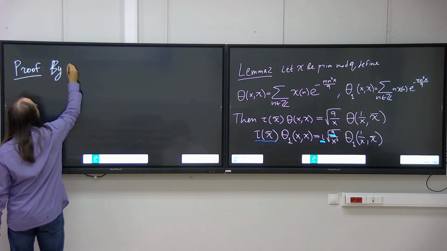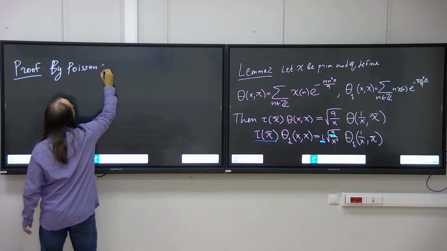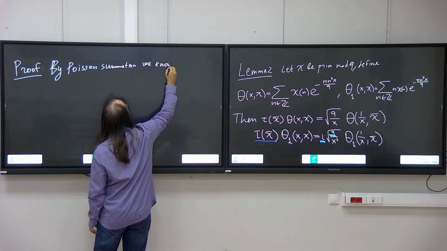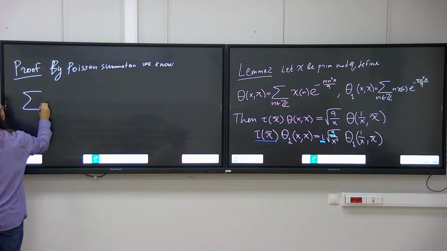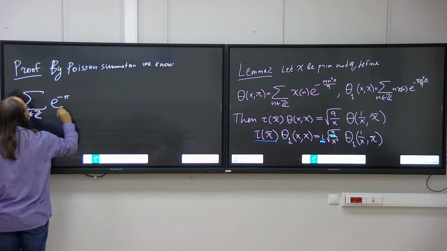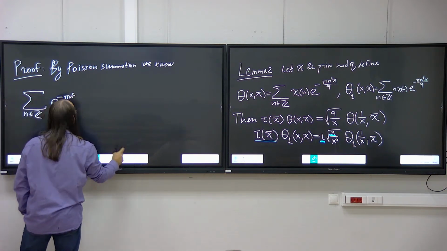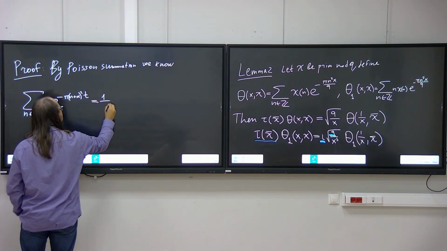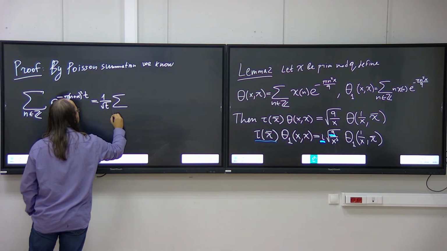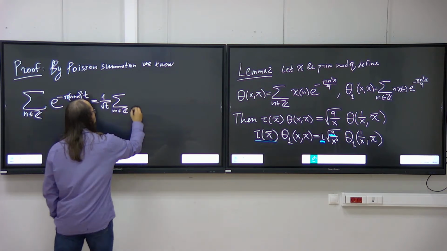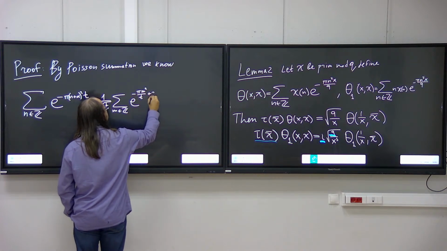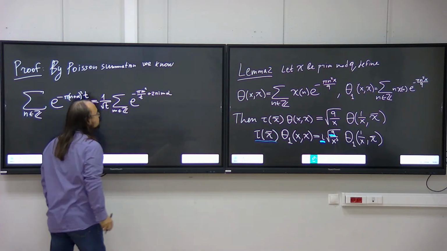By Poisson summation, we know the following formula: the sum over all n integers of e to the power minus pi (n plus alpha) squared, multiplied by t, is equal to 1 over square root of t, sum over all m integers, e to the power minus pi m squared over t plus 2 pi i m alpha.